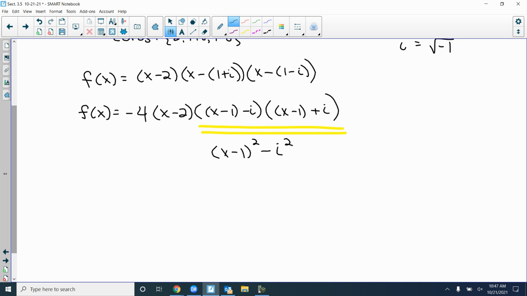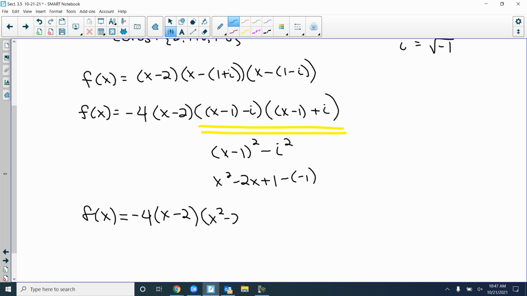All right, what happens when I FOIL x minus 1 squared? I get x squared minus 2x plus 1, and this is minus -1. So let's see here. f of x equals -4 times x minus 2 times, what's that going to be? x squared minus 2x plus 2.